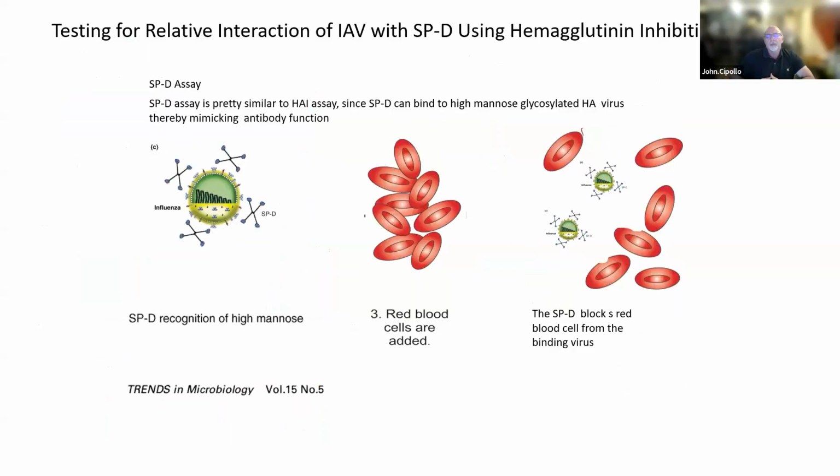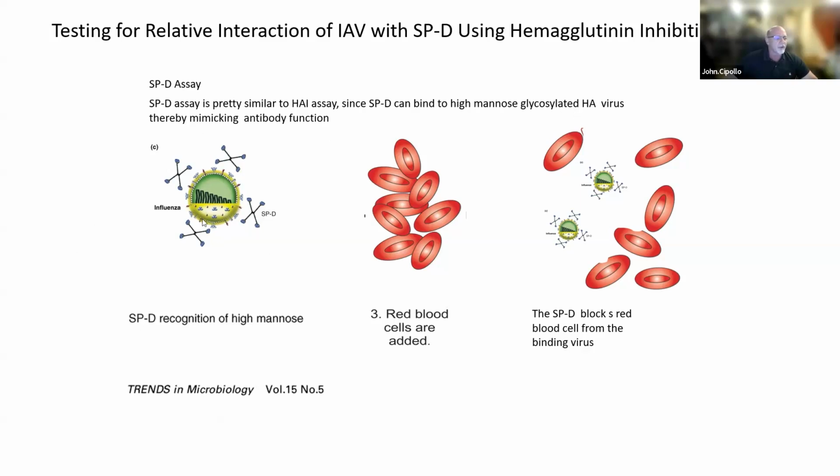We partnered with Jeff Taubenberger's group at NIH, and they ran some SPD hemagglutinin inhibition assays, and this is just roughly how it works. I won't spend a lot of time here, but you can imagine it works with red cells.